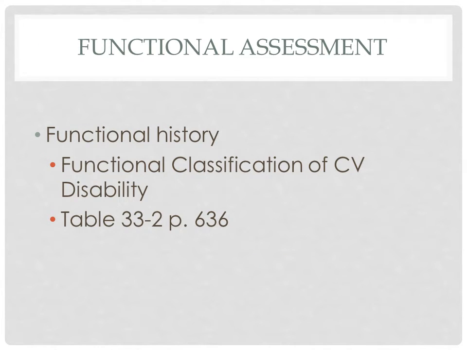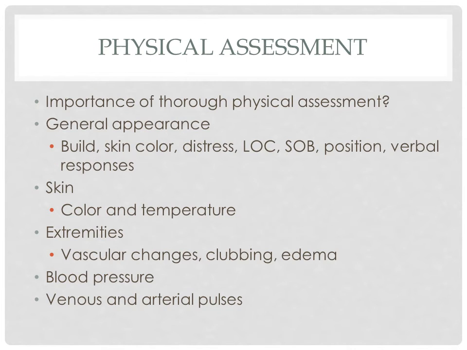Your functional assessment, you're going to want to take a look at the functional history. There is a functional classification of cardiovascular disability that you're going to find on table 33-2. That's on page 636. Your physical assessments, what is the importance of a thorough physical assessment?